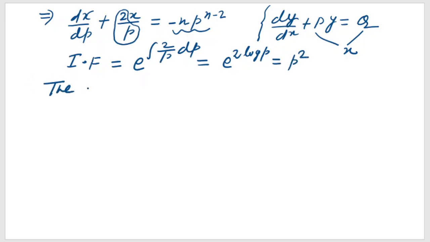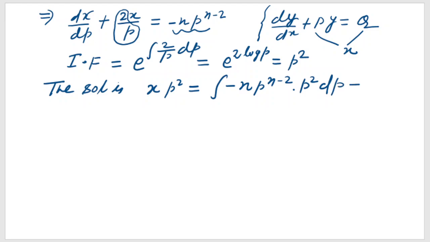So the solution is, you take x into the integrating factor, because here the dependent variable is x, and then you multiply the right hand side, that is minus n p to the power n minus 2, by the integrating factor, and then you integrate it with respect to p plus constant of integration. So let's write the last step.